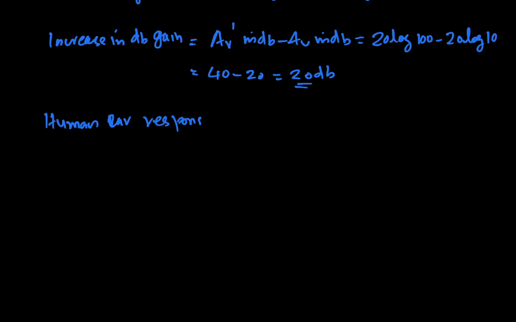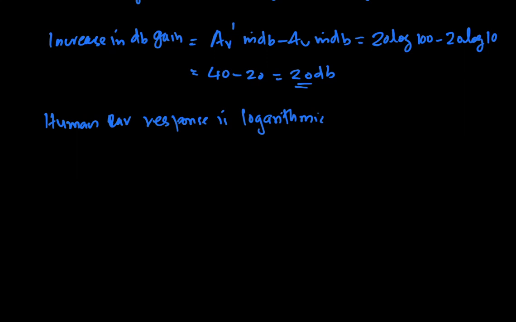That means if we increase the intensity of the sound by a factor of 100, then the corresponding loudness of the sound heard by the observer will be increased by 2 only.